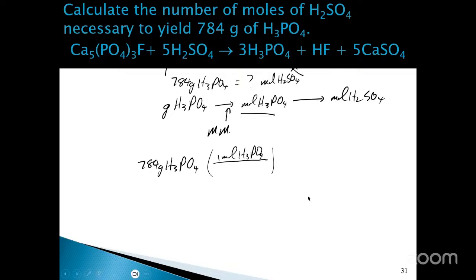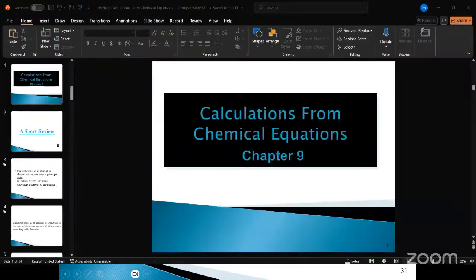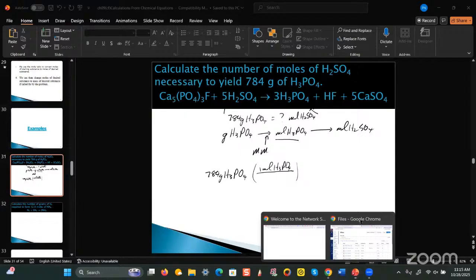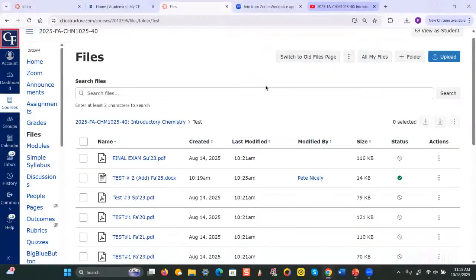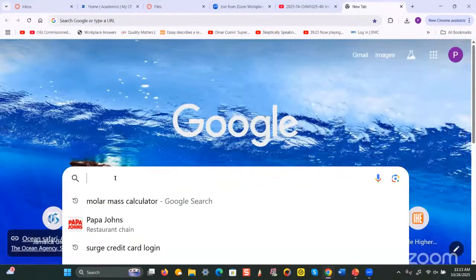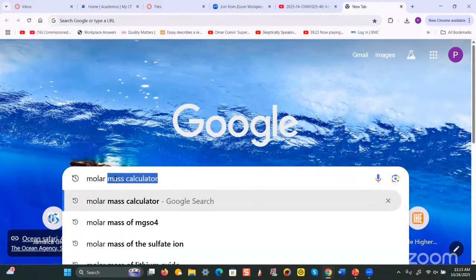Now, I'm quite sure you know me by now. I'm a bit lazy. So what I'm going to do is go to my trusty old molar mass calculator.